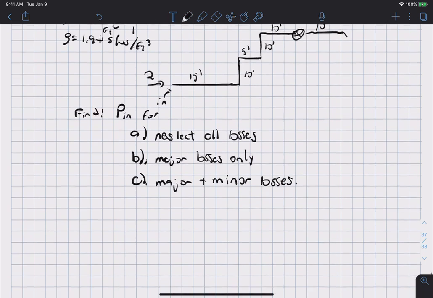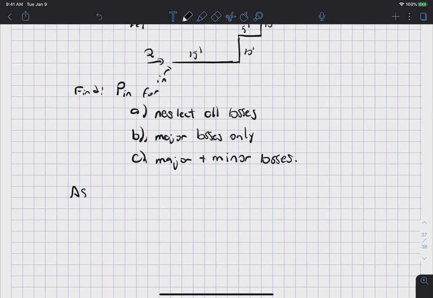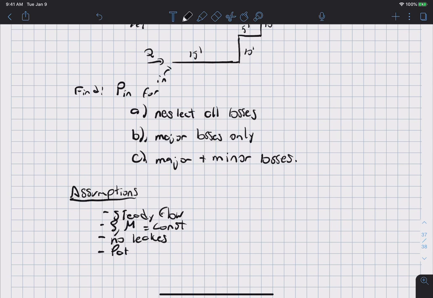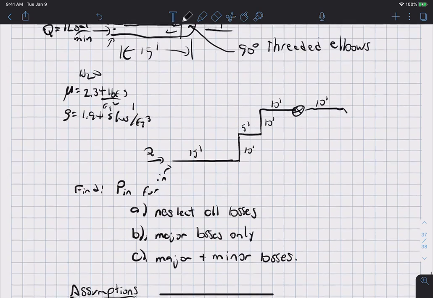Okay, and so the assumptions. One, we'll assume steady flow. We'll assume rho and the viscosity are equal to a constant. Okay, we'll assume there's no leaks. And we'll assume that the atmospheric pressure equals 0. Okay, and I'm going to scroll up back to the picture again.